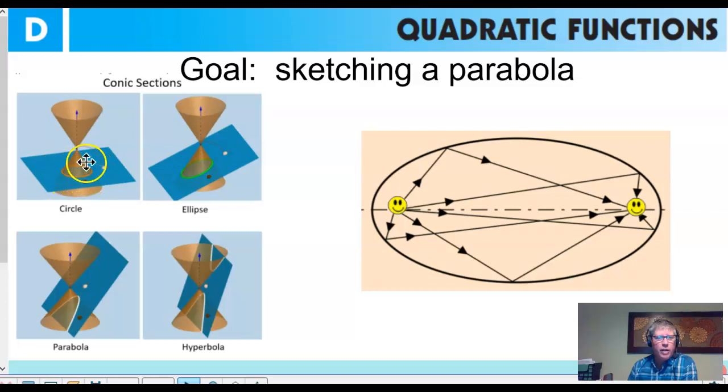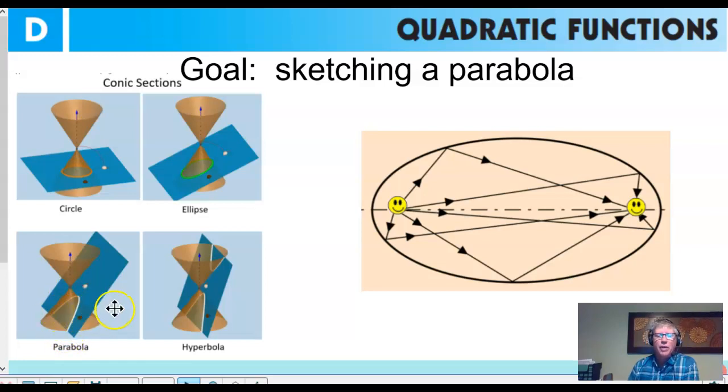If you cut it just perfectly, you get an exact circle. But if you tilt the plane a little bit, all of a sudden you get what we call an ellipse. And then this plane is perfectly aligned with this angle, and that's the only way you can create what we call a parabolic curve.